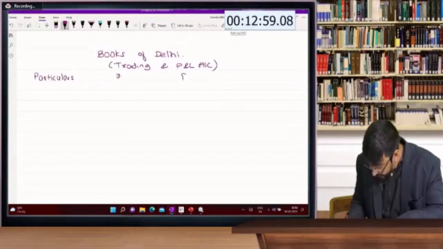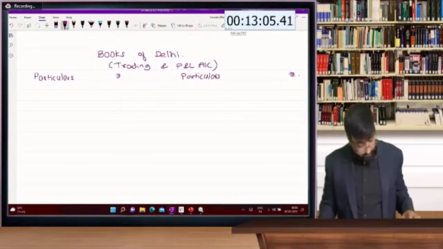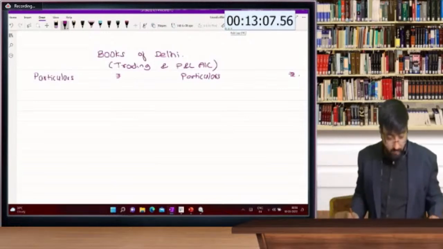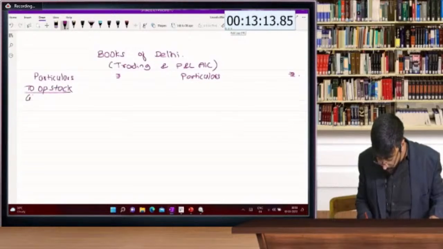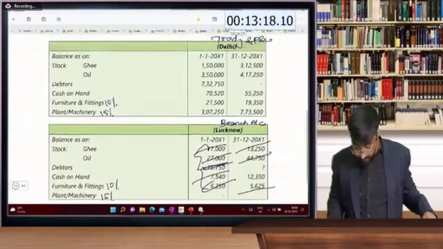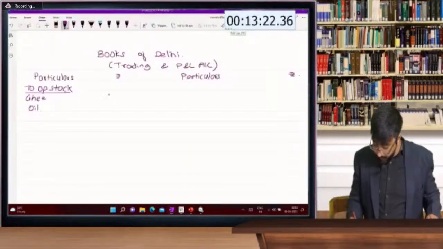Particulars, rupees. To opening stock: ghee, oil. Delhi, beta. 150 and 350.